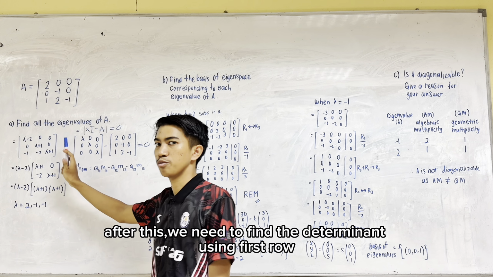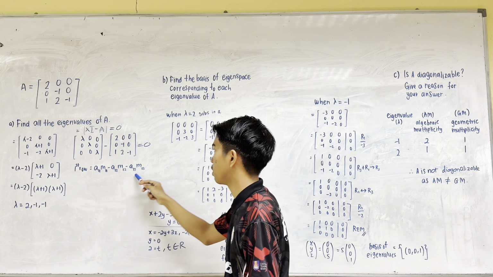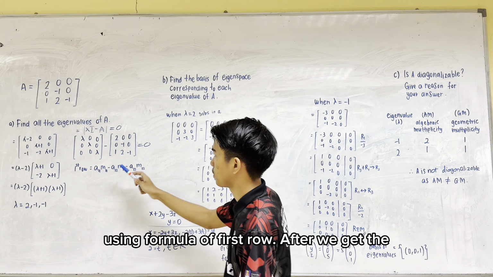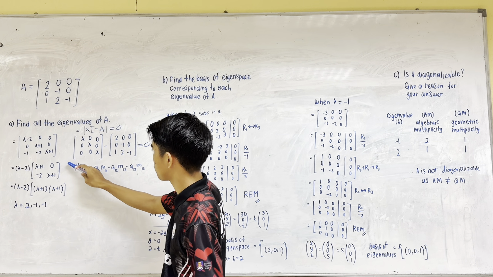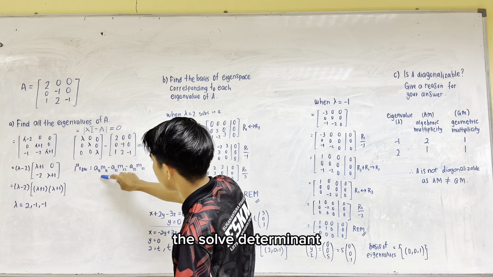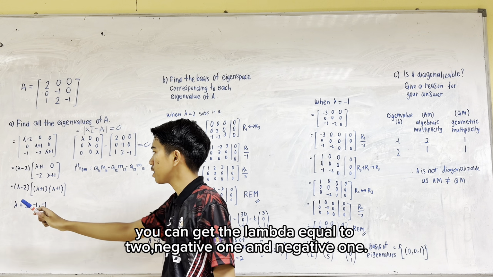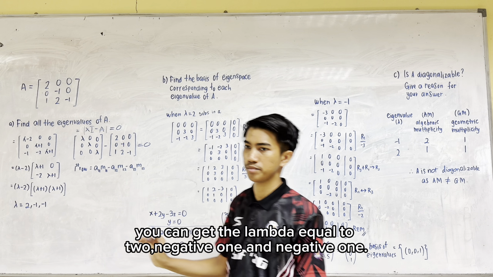After this, we need to find the determinant using the first row. After we apply the formula and solve the determinant, we get lambda equal to 1, negative 1, and negative 1.